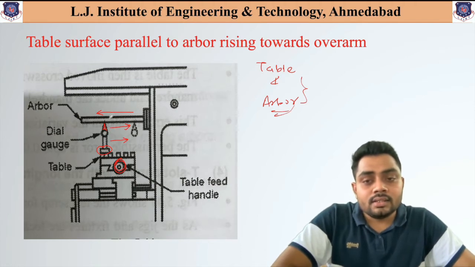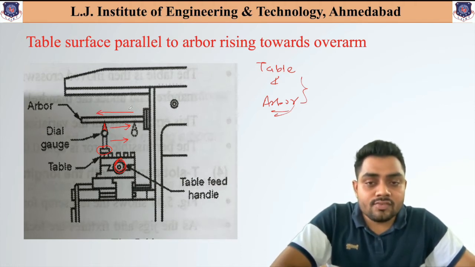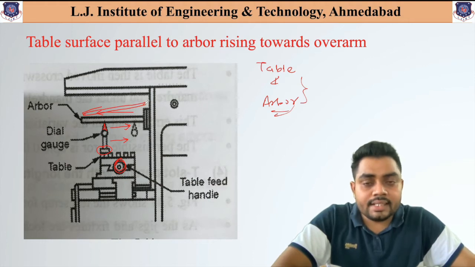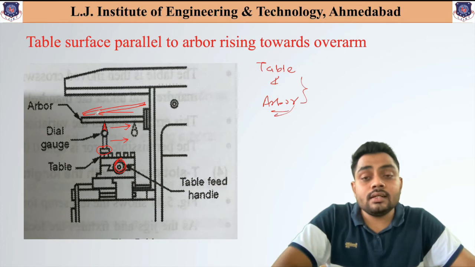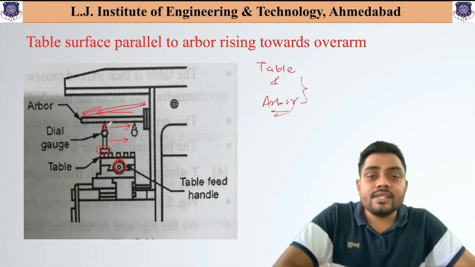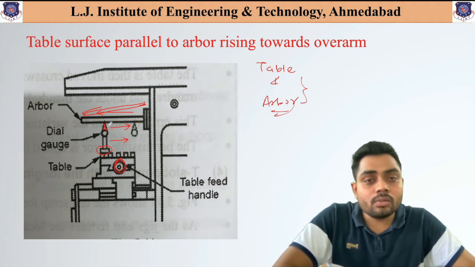But there might be a chance that the arbor is slightly at an inclined position. During that condition, this particular tool may get deviated and indicate the result, whether it is moving in the forward or backward direction.